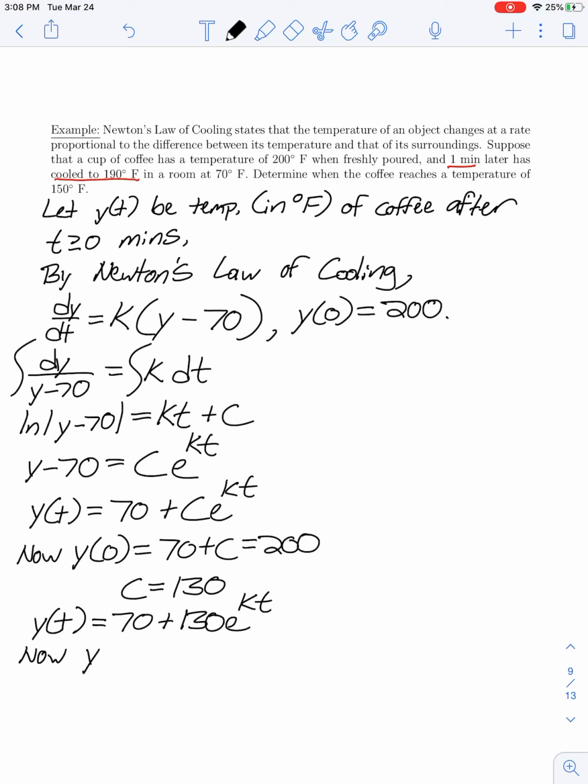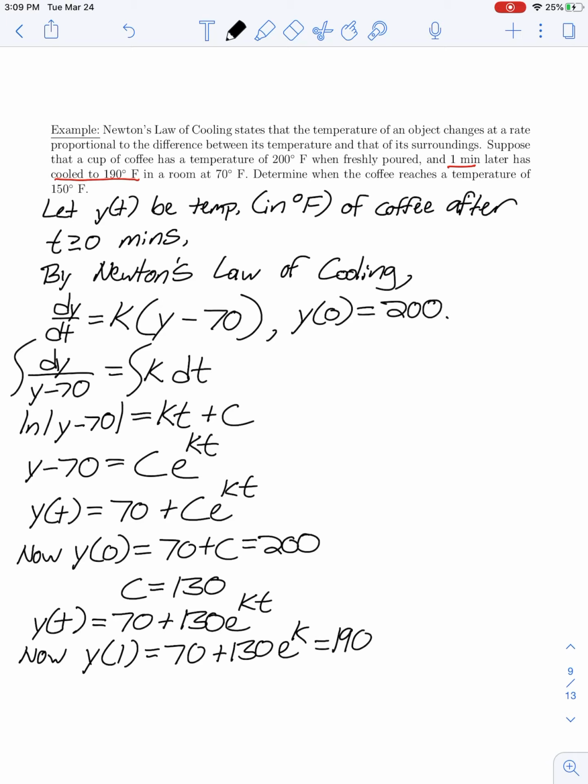So let's apply this condition where y at time 1, which is 70 plus 130 times e to the k, has to equal 190.